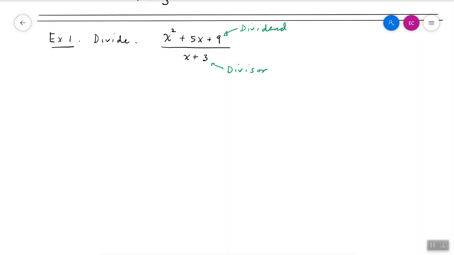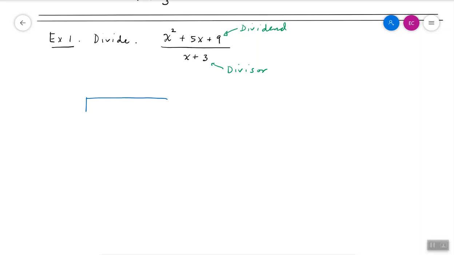Okay, so what we're going to do is start out with the house the same way as before, but instead of writing x squared plus 5x plus 9 underneath the house, all we need to do is put the coefficients for each term.